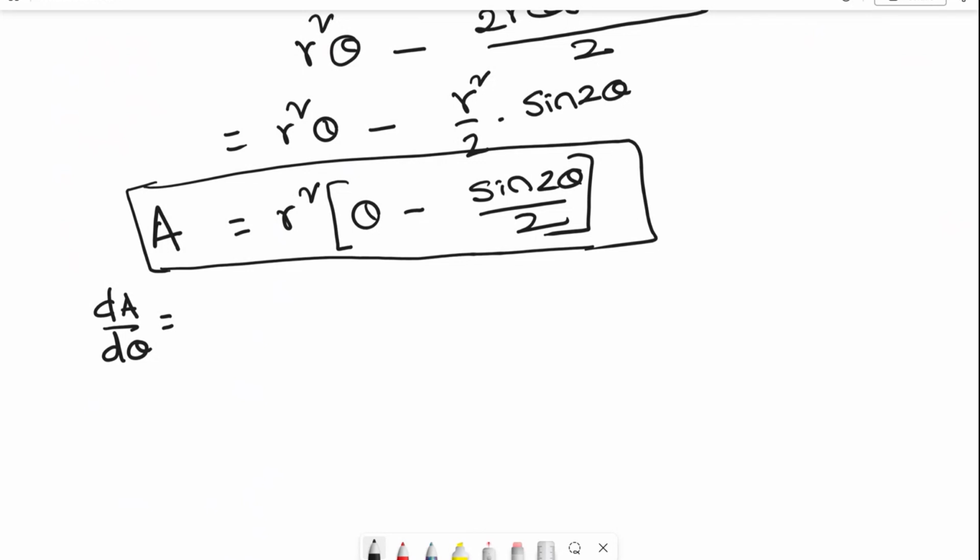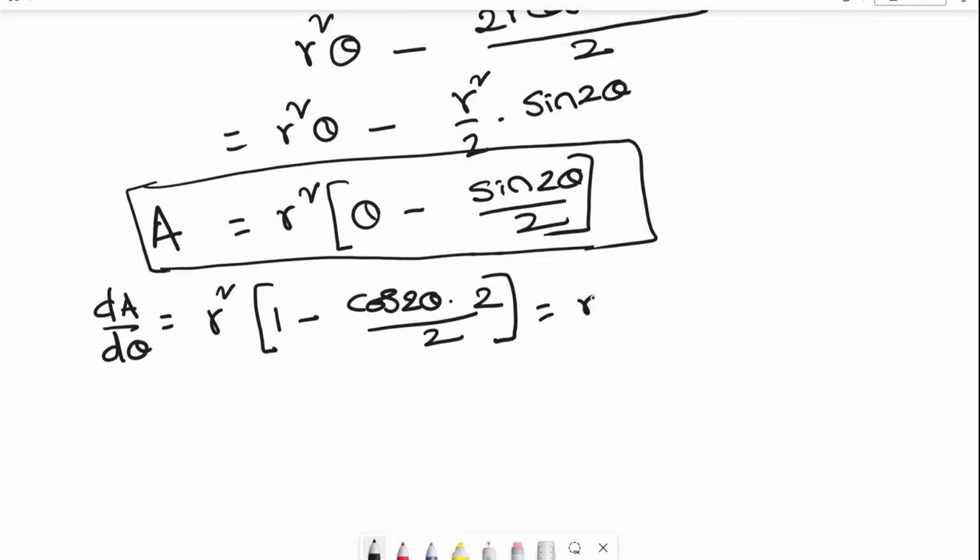So what is dA by d theta? R square into theta is 1, minus sine 2 theta means cos 2 theta into 2 divided by 2. So it is nothing but r square into 1 minus cos 2 theta. So we found what is A and what is dA by d theta.